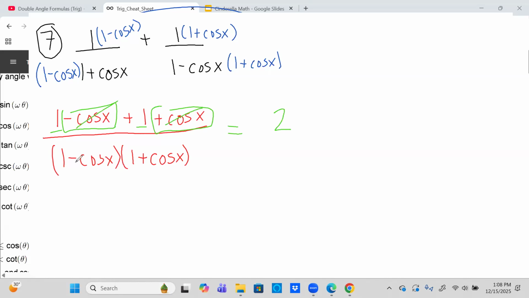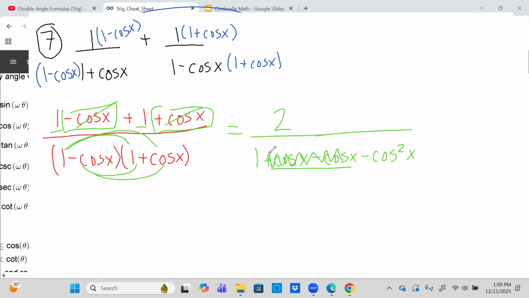And on the bottom, if we FOIL that out, or multiply, that would be 1 plus cos minus cos minus cos squared. Okay, in the middle, cos minus cos is gone. So that leaves us at 2 over 1 minus cos squared.